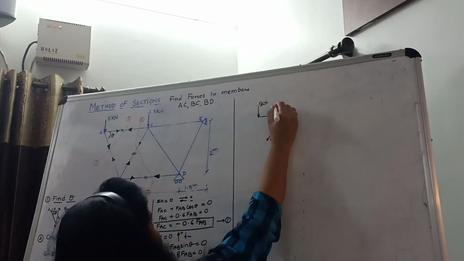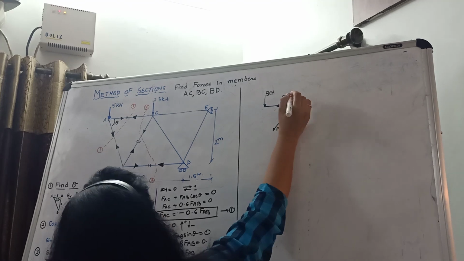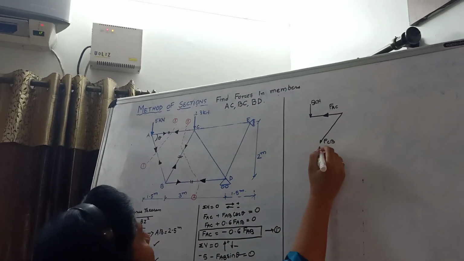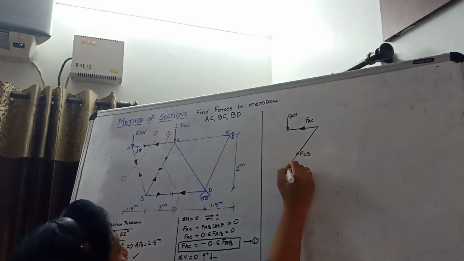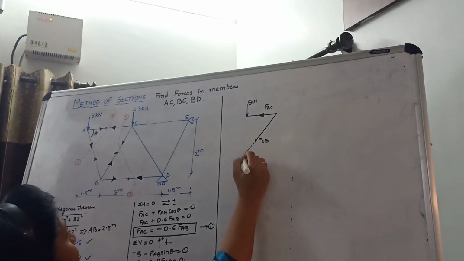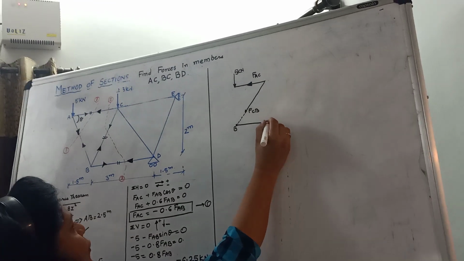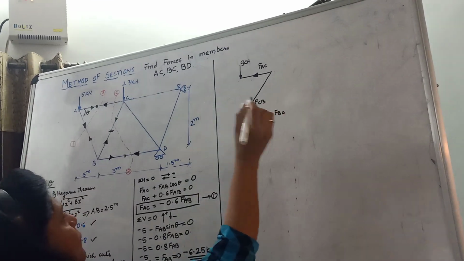This we will write as F of AC. The another member we can see over here is at point B, in this direction, that is F of BC.